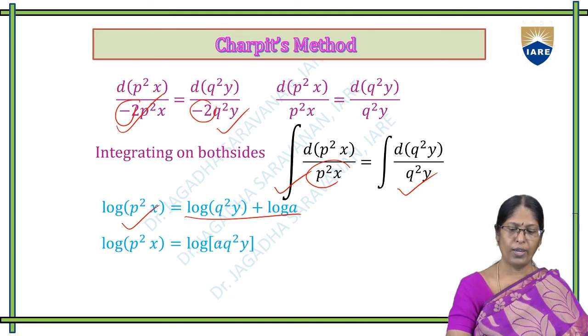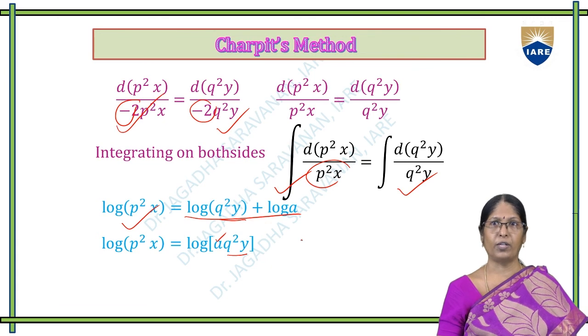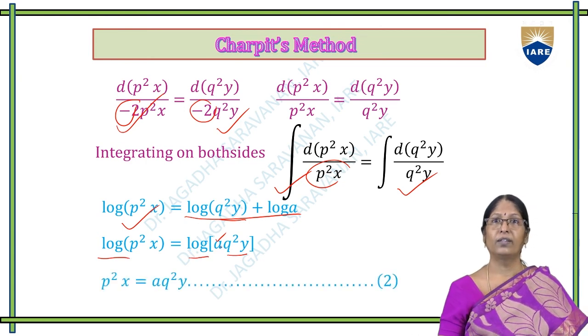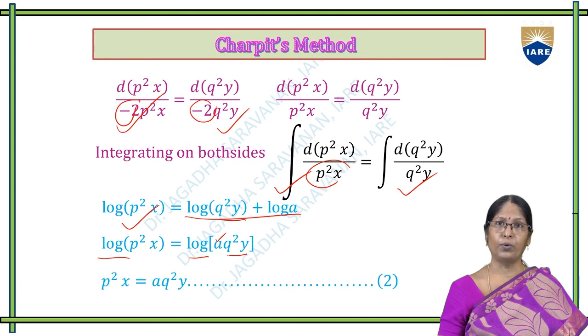So log of a into q square y is written under product, and on both sides the log is getting cancelled. So the leftover is p square x equal to a into q square y. This we named as equation 2.